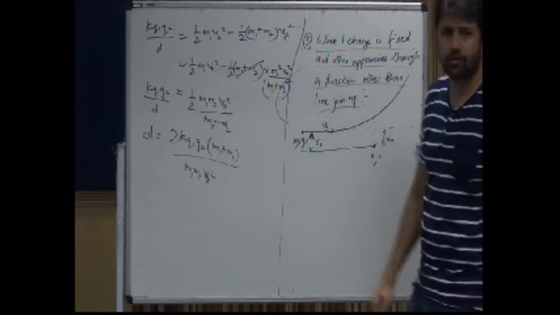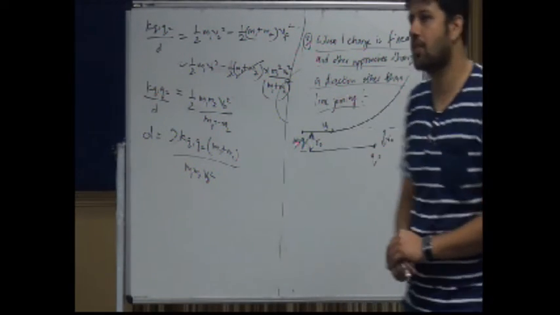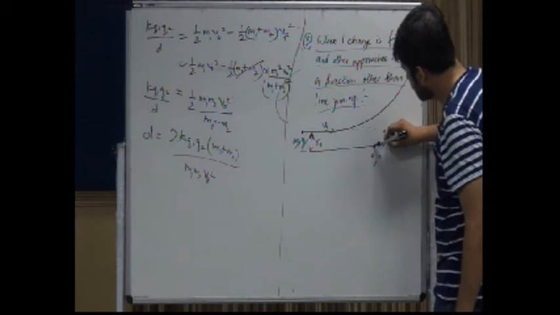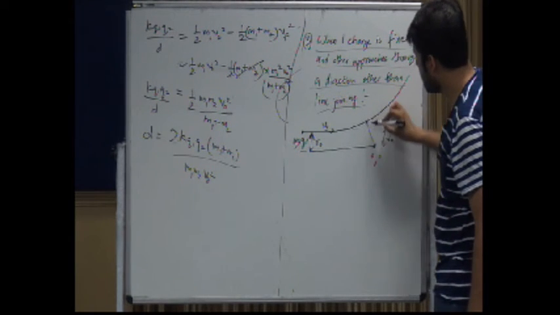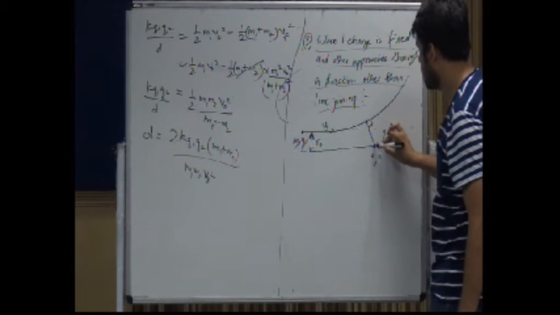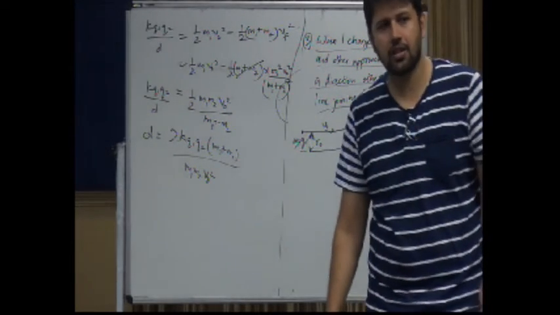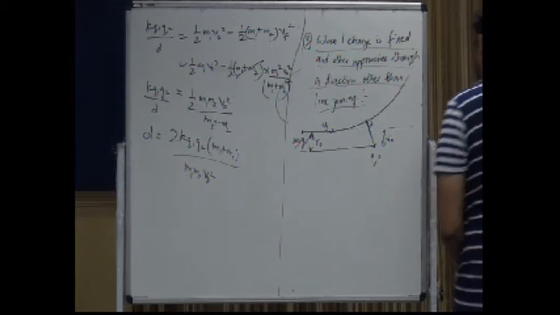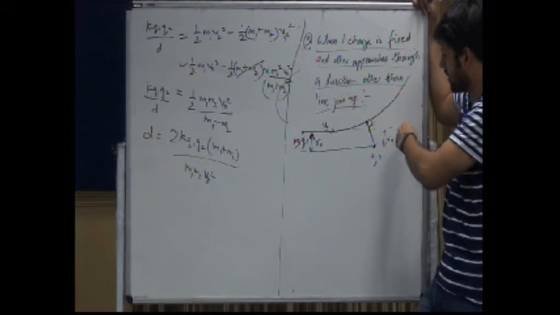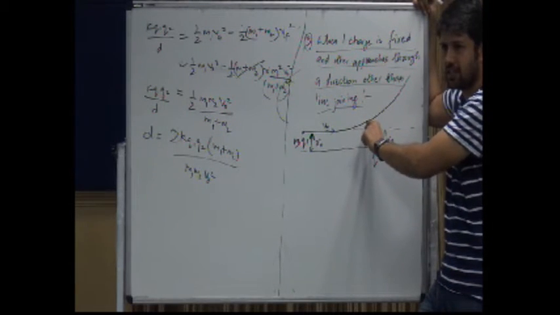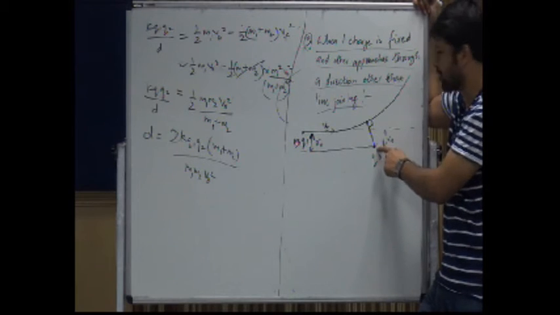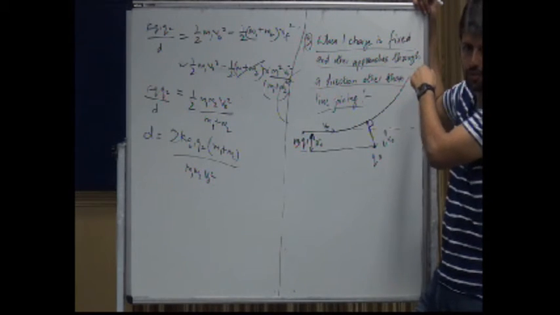So what would be the distance of closest approach? I have drawn the path. You can see that this is the minimum distance of the fixed charge from the curve of motion.